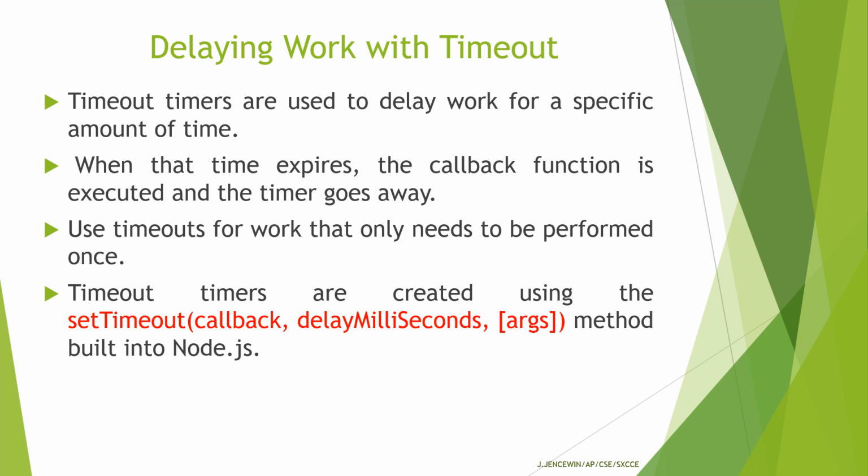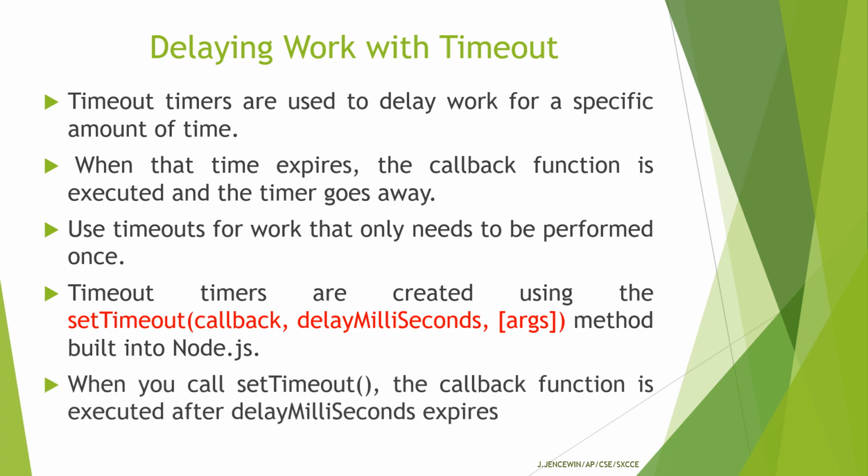This is the syntax: setTimeout, then the callback function, then the delay in milliseconds, and also the arguments. These arguments are passed to the callback function. The first argument is our callback function, the second is the delay in milliseconds, and the third is the optional arguments that are used by the callback function.